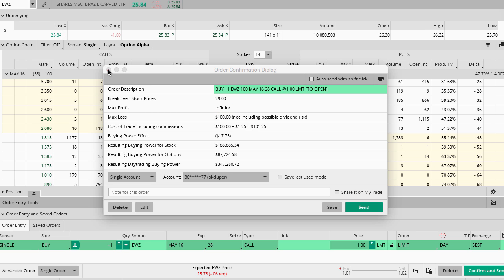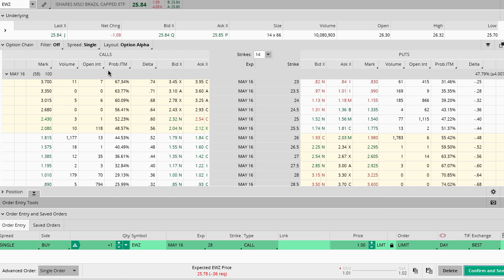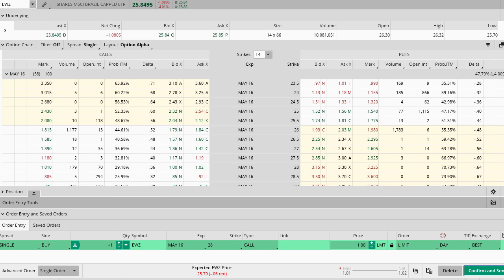But the reality is that on this $100 trade, I've got only a 30% chance of making money. Remember, there's a 30% chance that the stock closes up and above my call strike. I'm an option buyer at this point, so there's a 30% chance that this trade goes in the favorable direction.